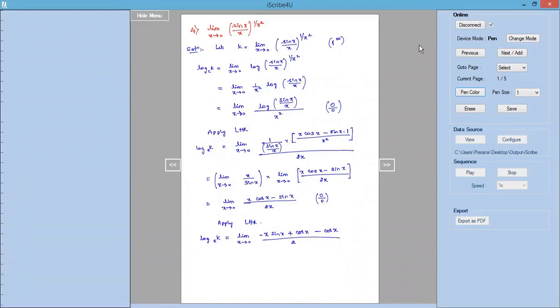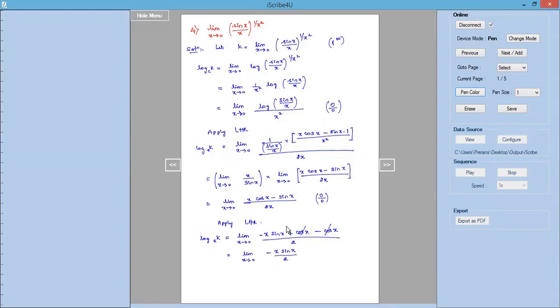So we have the product rule for x into cos x: x as it is, differentiation of cos x is minus sin x, plus cos x as it is, differentiation of x is 1, minus sin x as it is, differentiation of sin x is cos x. We observe that cos x gets cancelled here, the plus and the minus sign. So we just remain with limit as x tends to 0, minus x into sin x divided by 2.